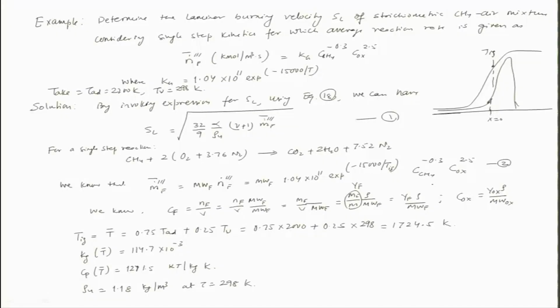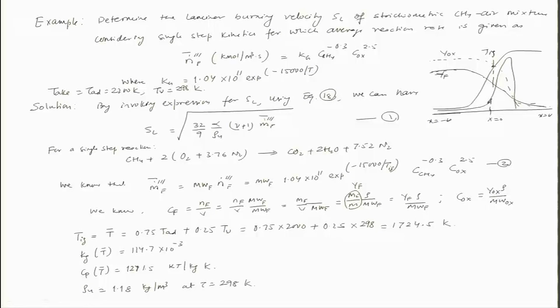If you look at the mass fraction, let us say this is your Y oxidizer and this is my fuel, right. This is YF, and it will be highest here and lowest on the product side, right. This is x is equal to infinity, x is equal to minus infinity, right.